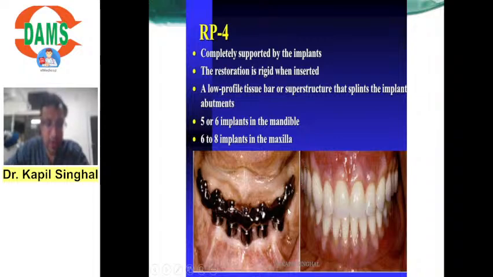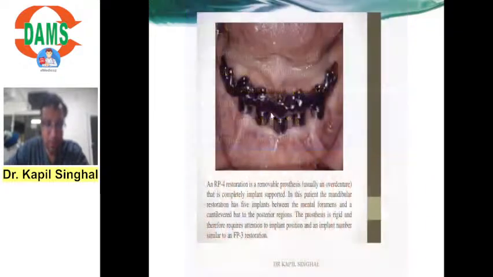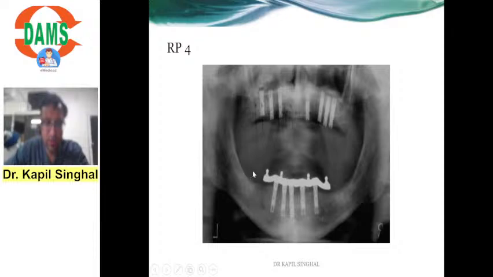The denture will not take the support from the soft tissue anywhere. Only from the bar the denture is taking the support. Okay, understand? So this is RP4. The implants are joined with a bar, and the denture will take the support only from this bar.